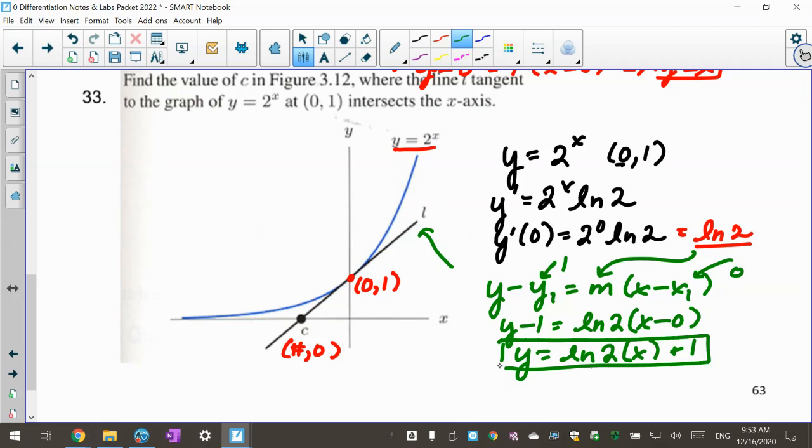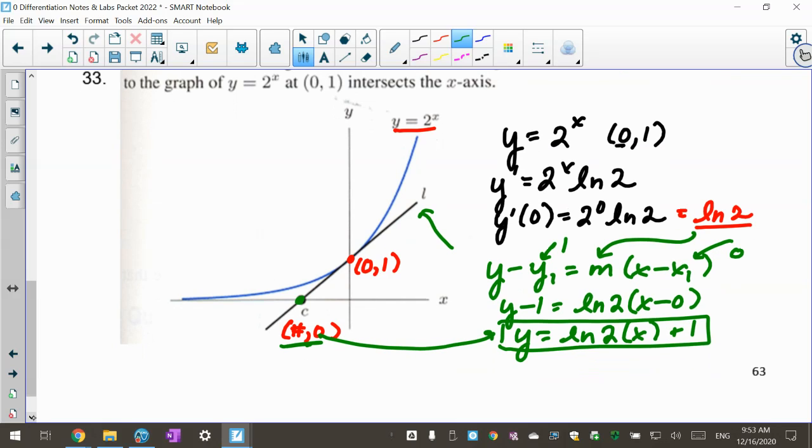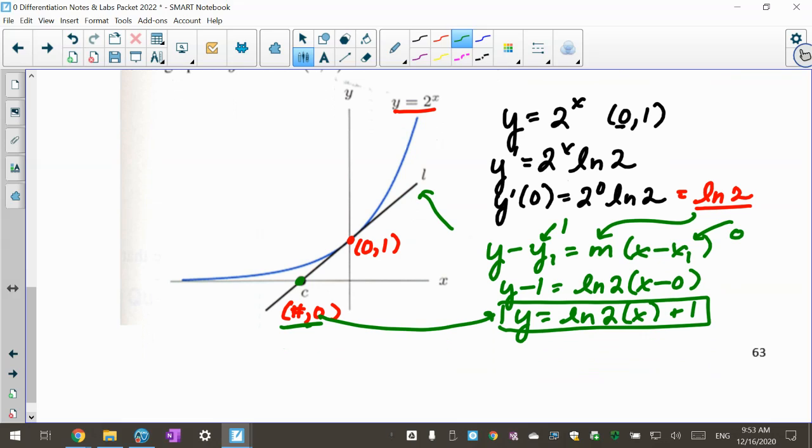Well, that's cool, but I still have to find this point. And I look at it and say, wait a minute, because the tangent line goes through there, I can figure out what that x value would be because the y has to be 0. So I'm actually going to put a 0 in for the y to figure out what my x would be. I'm going to use a different color. I say 0 equals the natural log of 2 times x plus 1, right?